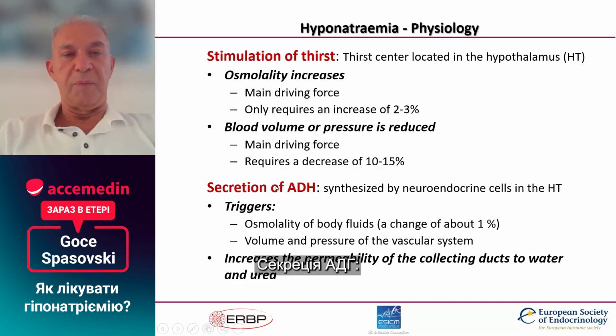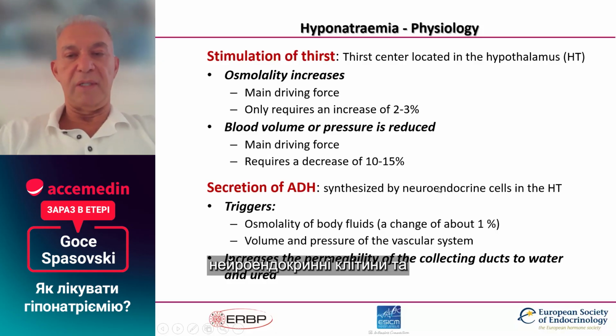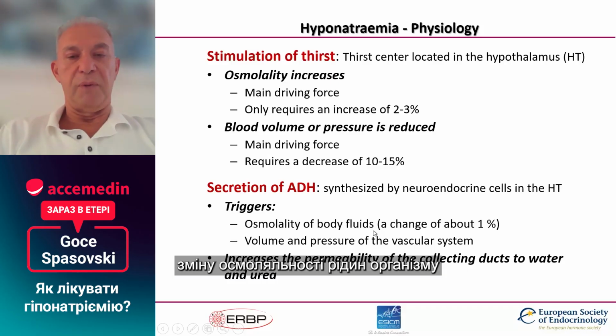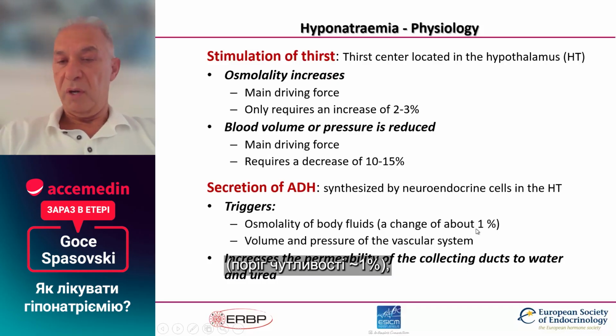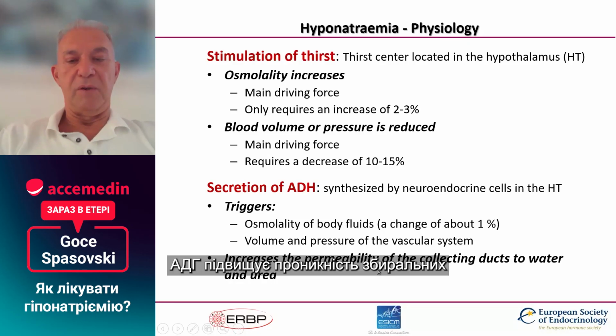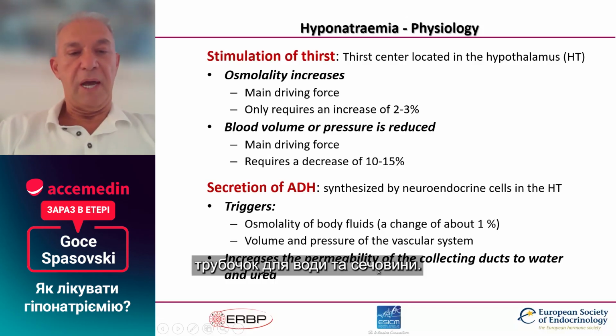And the second stimulus is ADH, synthesized by neuroendocrine cells in the hypothalamus and triggered by the osmolality of body fluids, a change of only about 1%, and by change in volume and pressure of the vascular system, which increases the permeability of the collecting ducts to water and urea.